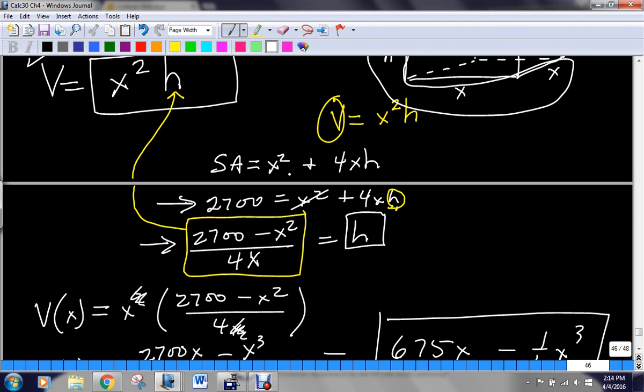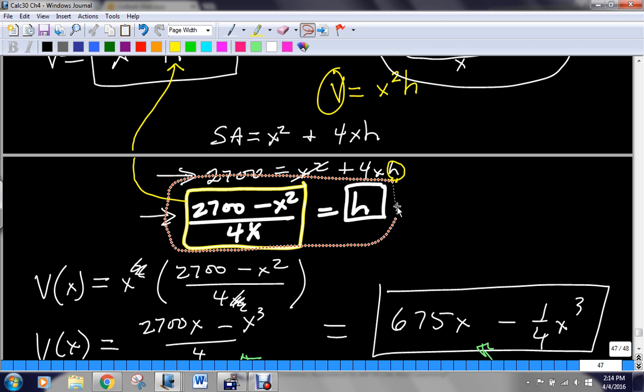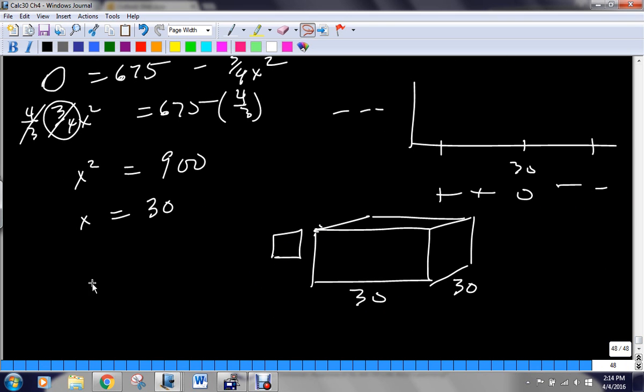Oh, check this out. I have this equation right here, the equation for the surface area, that transformed into this. Look at this. You can just plug your x's in there and get your h value. Right? So write that down there.